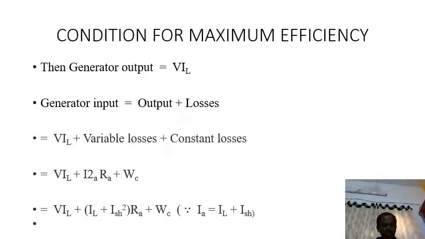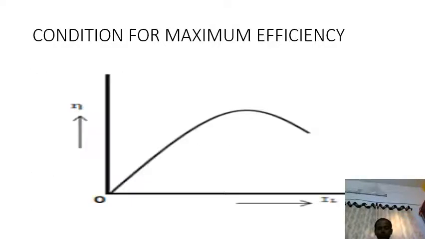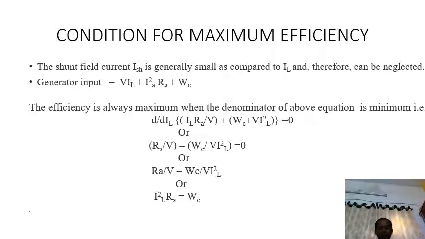So the efficiency is output by input: VI by VI plus I square RA plus WC. Divide numerator and denominator by VI, and you will get the equation: 1 by 1 plus IRA by V plus WC by VI.